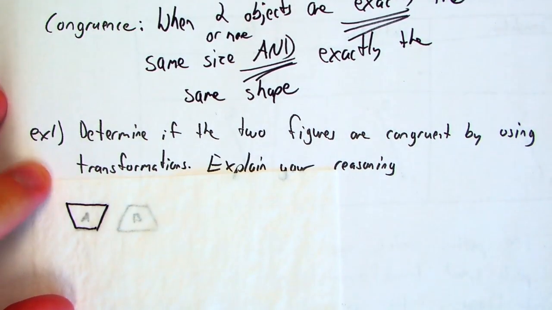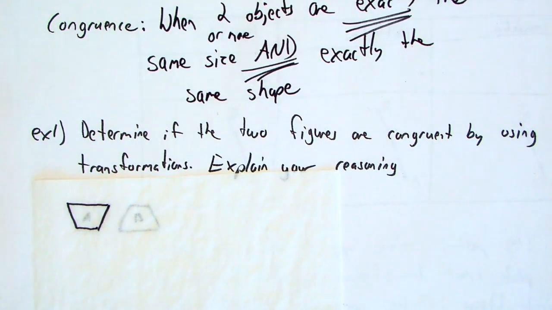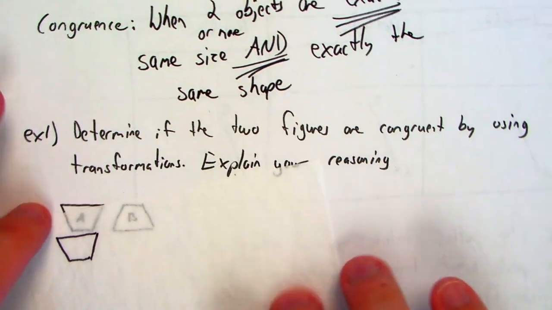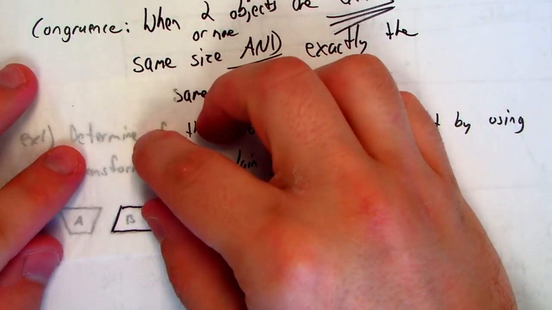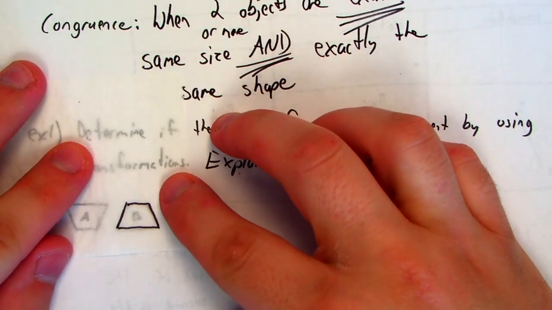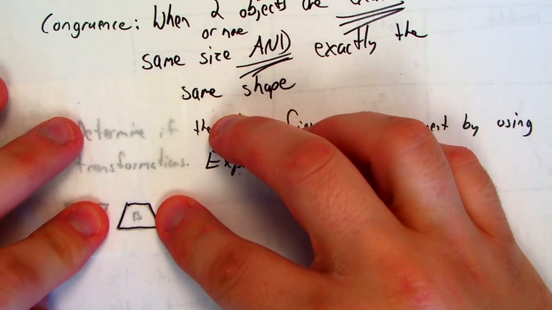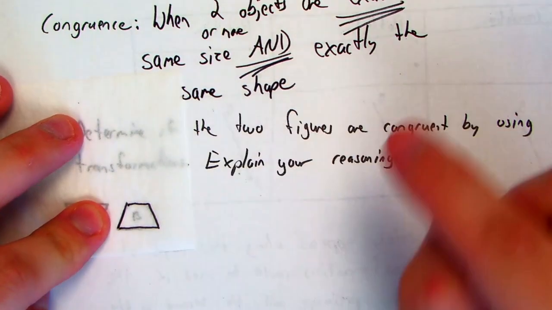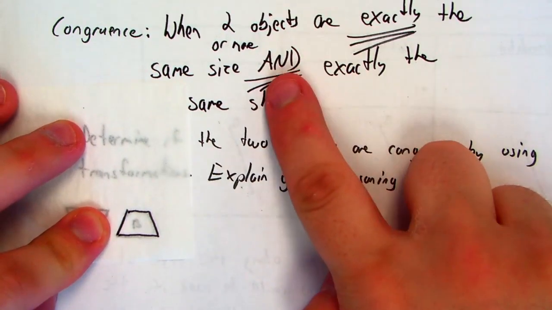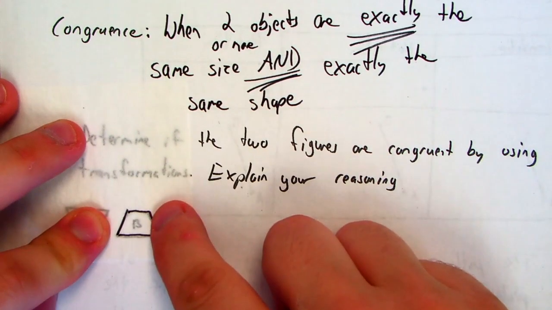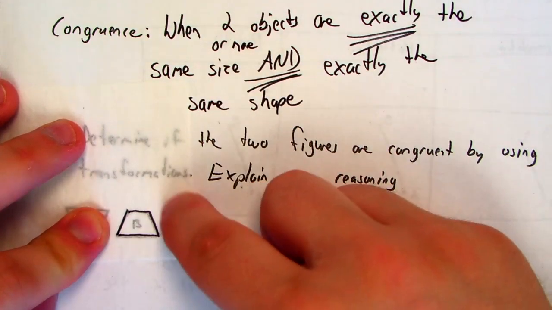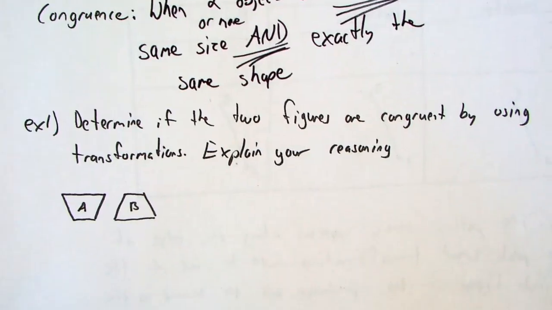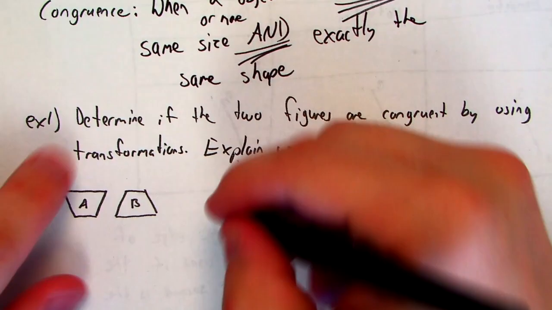So that is my trapezoid A. Now, if I rotate this and put it directly on top here, you will see that it covers B exactly, which means that they are exactly the same size. There's no overlap. There's nothing that's being not covered or over covered. They are the same shape because it follows exactly the same structure, the same lines, which means these are congruent.